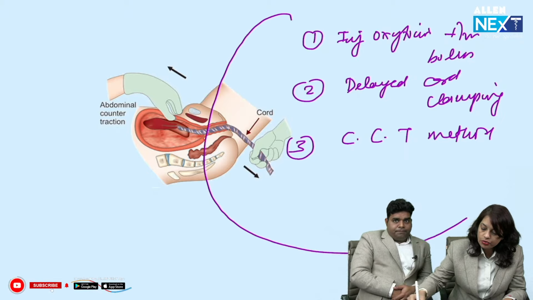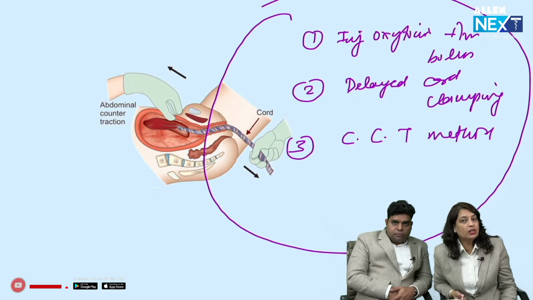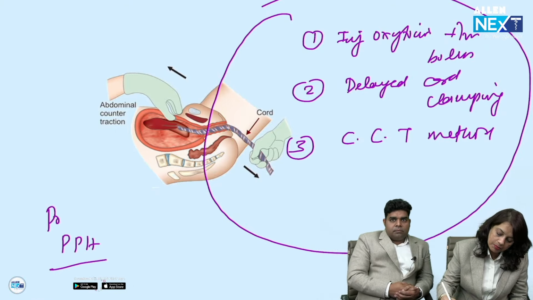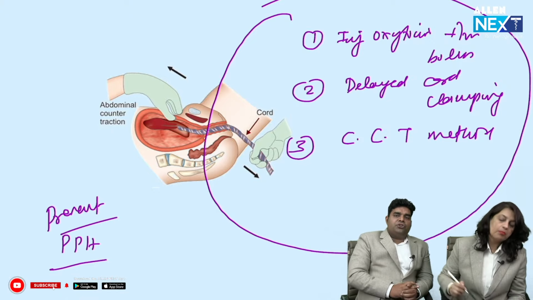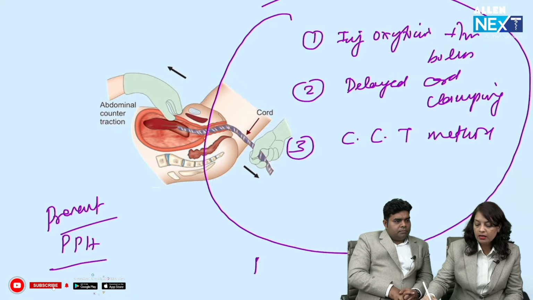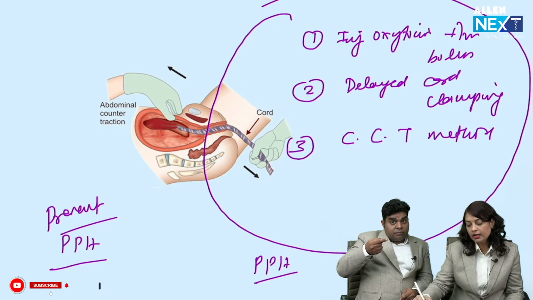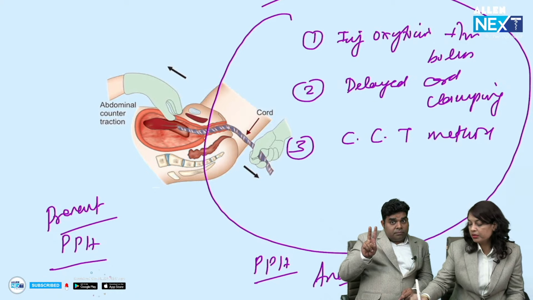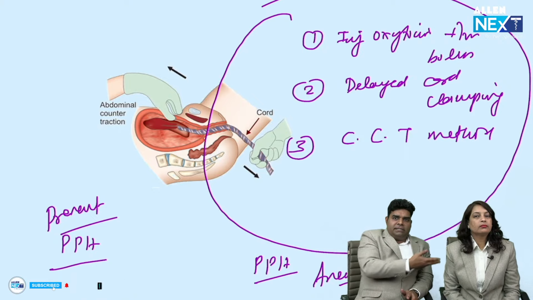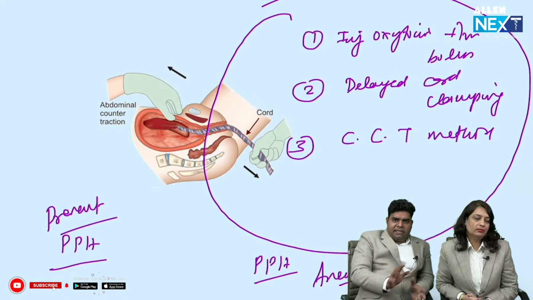These are the three included in the active management of the third stage of labor, and the aim is to prevent postpartum hemorrhage, because the most common cause of maternal mortality in India is postpartum hemorrhage, and the indirect cause is anemia, which is the second cause. First is PPH, and within PPH, the most common cause is atonic uterus, as ma'am was saying. Second is retained placenta.